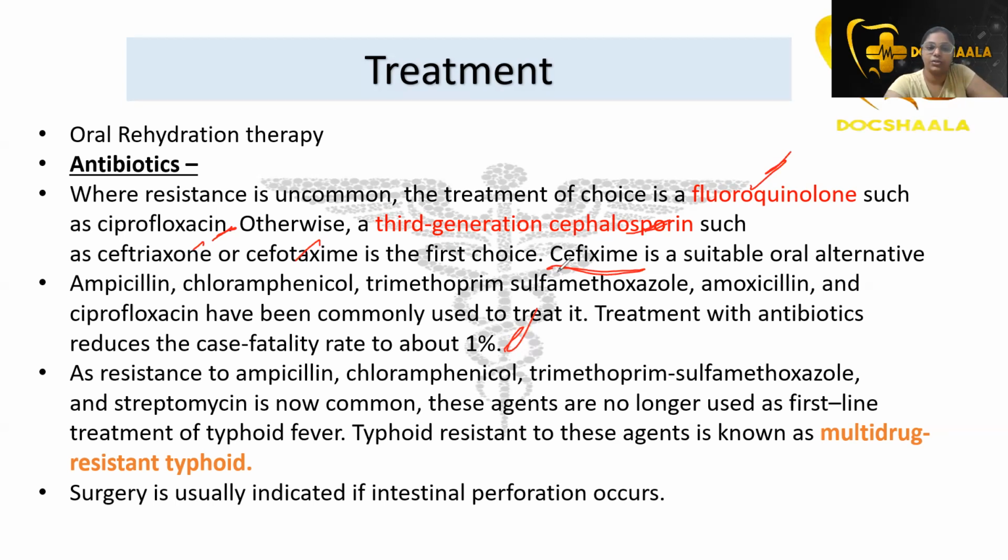These are drugs for which people have developed resistance, hence they are not first line treatment for typhoid. Typhoid resistant to these drugs is known as multi-drug resistant typhoid.